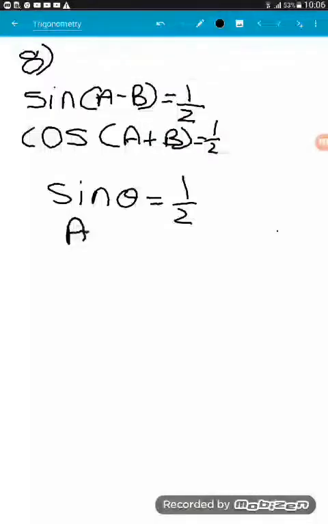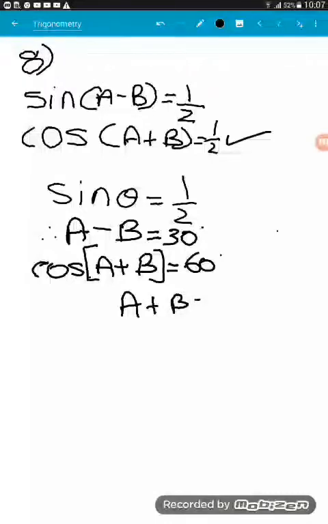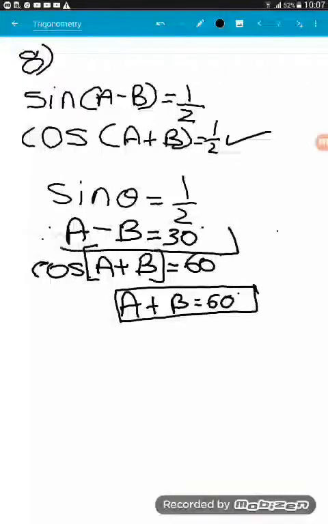Therefore A minus B equal to 30 degree. In the same way, cos of A plus B is equal to 1 by 2. In the same way, 1 by 2 is 60 degree for cos. So therefore A plus B equal to 60 degree and A minus B equal to 30 degree.